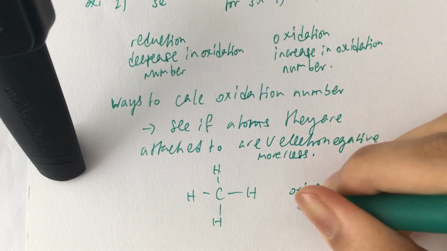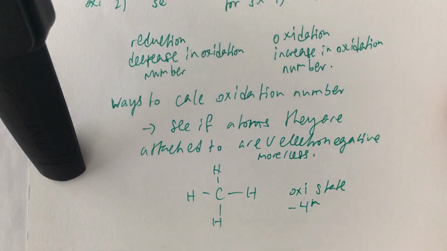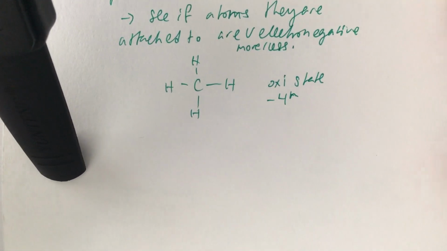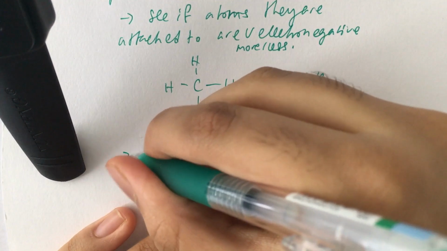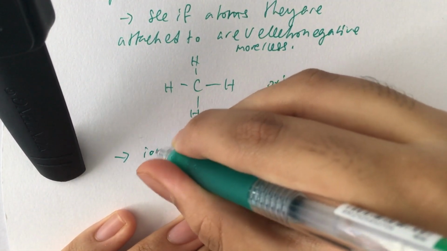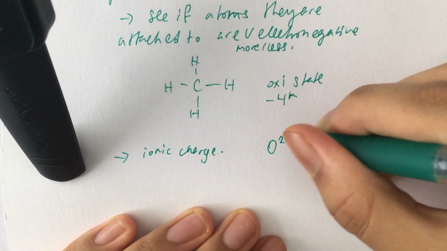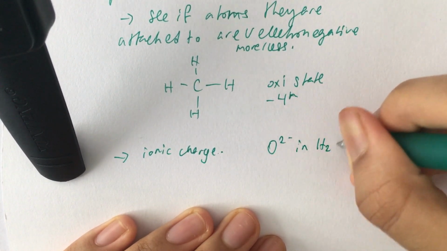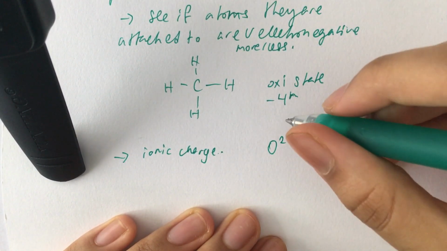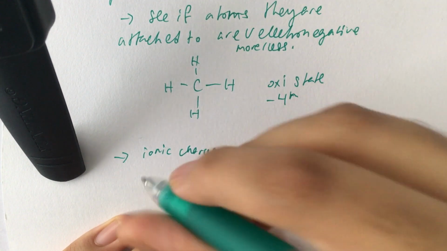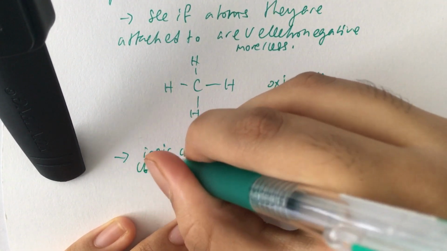But in hydrogen peroxide, there are two O's that form a -2 charge together, so the oxidation state is -1. So you can use the ionic charges of your atoms to calculate this.